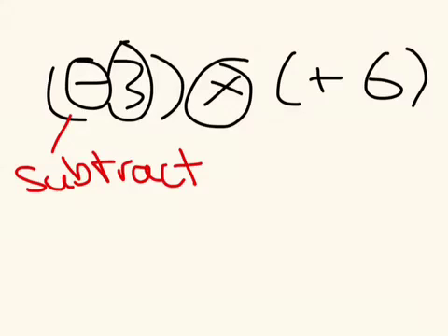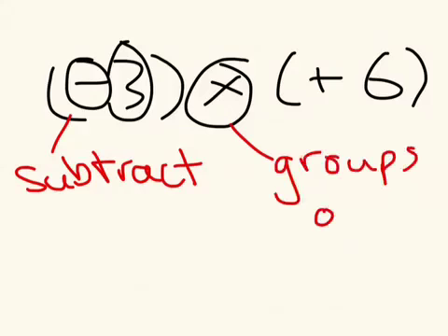We think of the second number as the second number, so subtract 3. And when we look at the multiplication sign, we think of groups of. So when you put it all together, you're saying subtract 3 groups of +6. Or if it was +3 multiplied by +6, you'd be saying add 3 groups of +6.